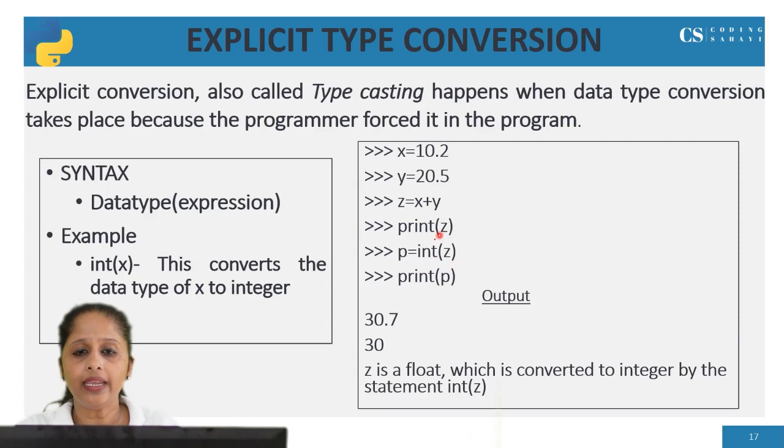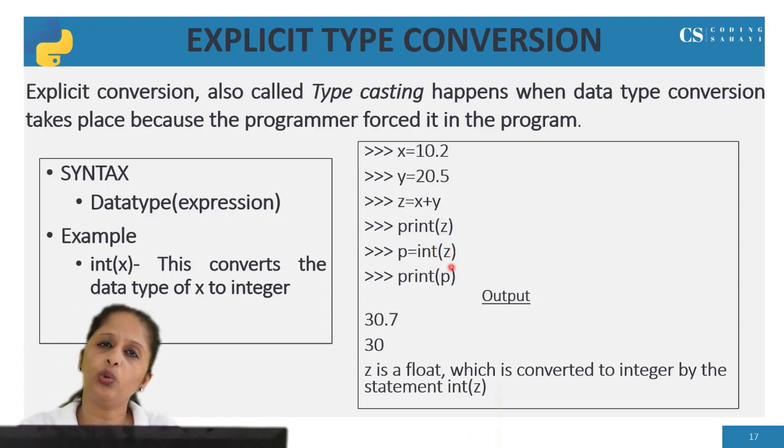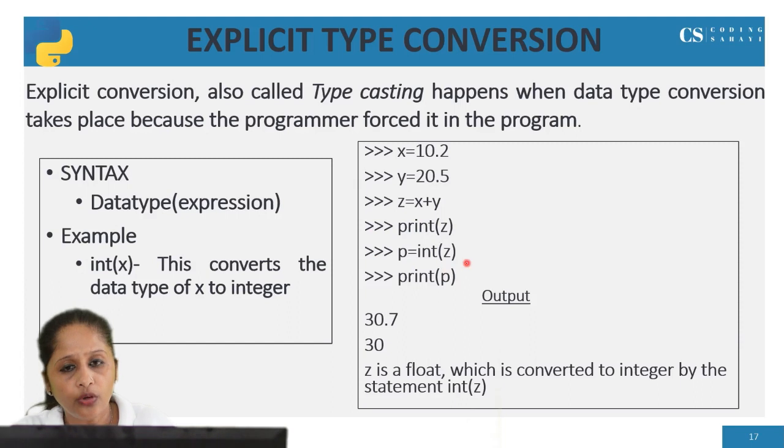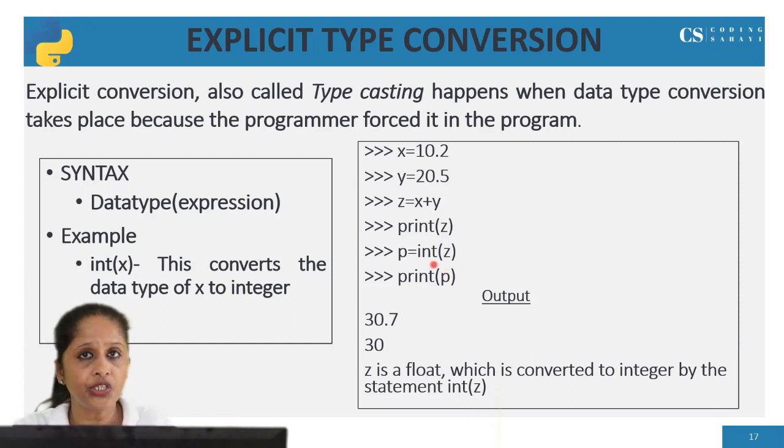So you may be thinking, what is the data type of z? See, after this one, if you write type of z, it prints float only. Here actually z is not directly converting to integer. After this operation, z will not be integer, it is float only, but for this particular operation, z is converted to integer and that integer value will be assigned to p, but p will be integer always.